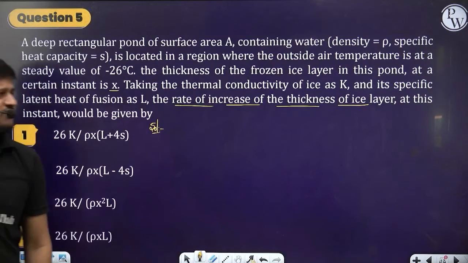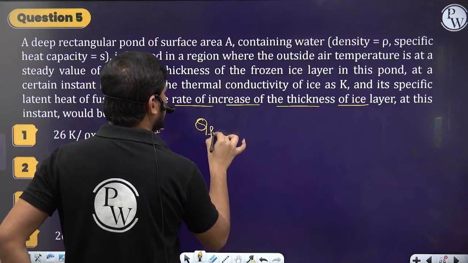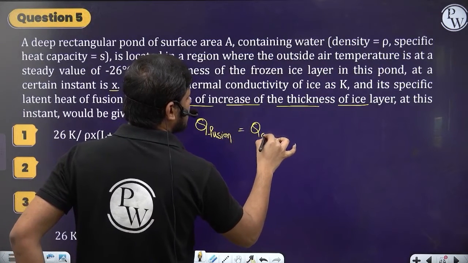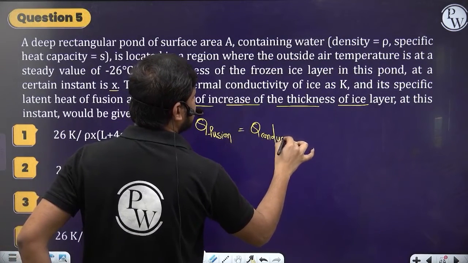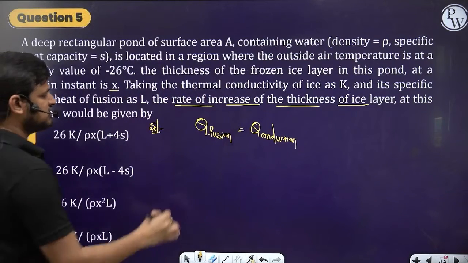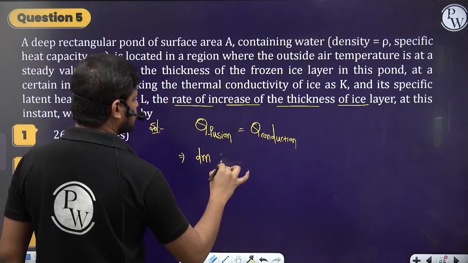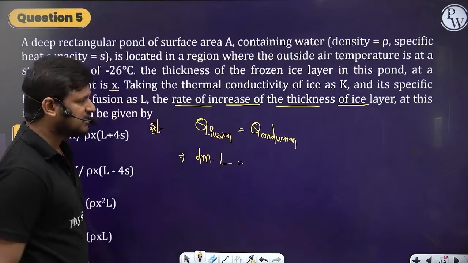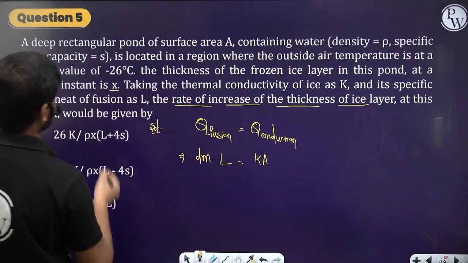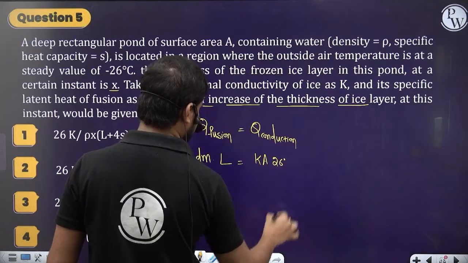The same formula you can write. So the Q of the fusion of ice will be equal to Q conduction. So simply substitute the values now. This is the small mass, let's say dm, into L. Here K A, the temperature difference is 0 minus of minus 26, which is 26 degrees centigrade.